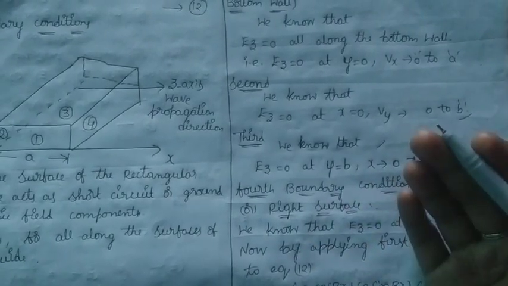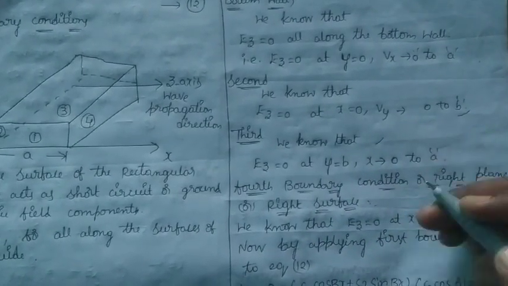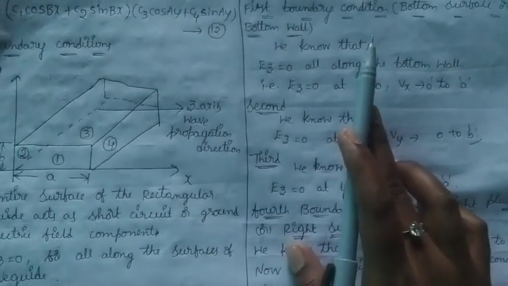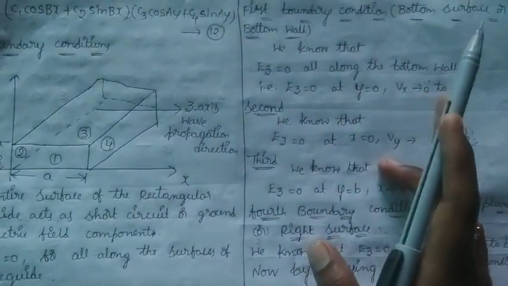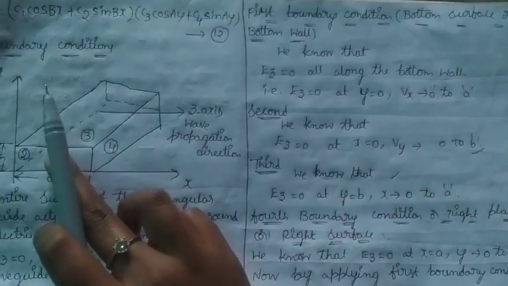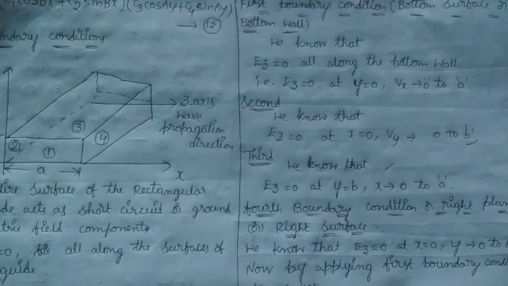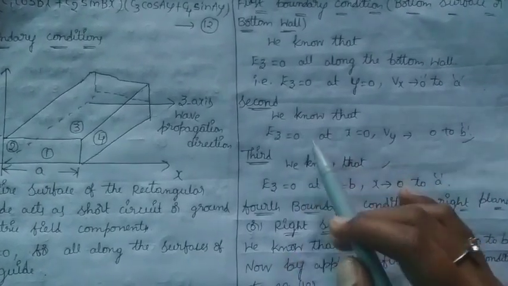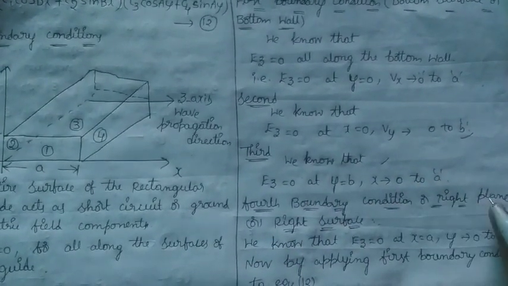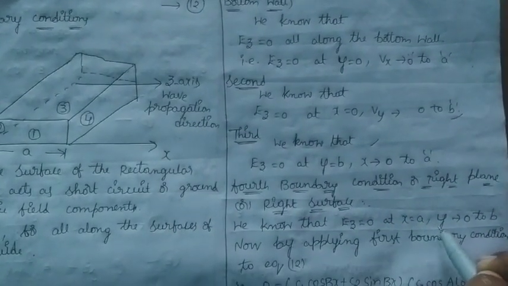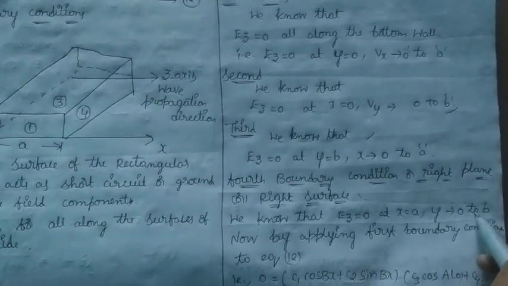The first boundary condition is also called the bottom surface or bottom wall. We know that Ez is equal to 0 at x equal to a, for y from 0 to b.